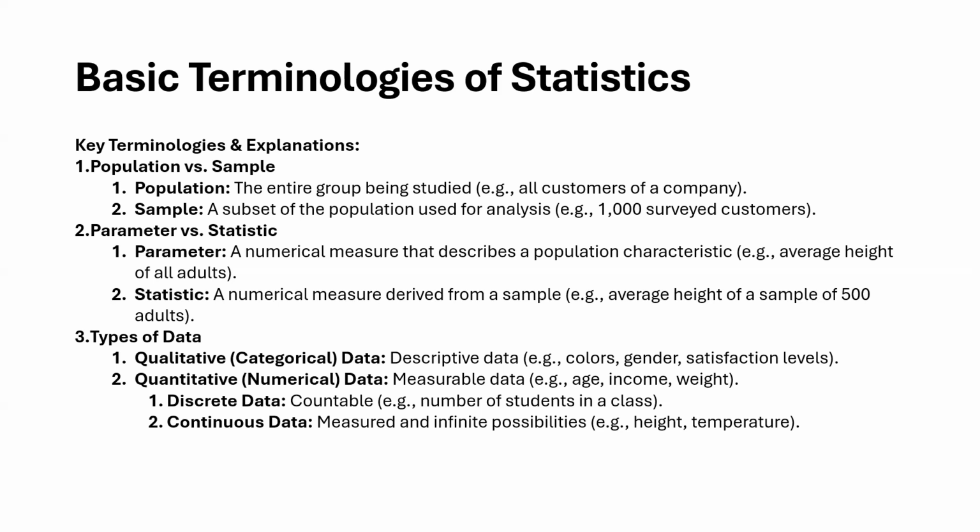Qualitative, in machine learning terminology, we call categorical data. In categorical data, we talk about the descriptive side of the data. Let's say gender, which is a binary form of data, you'll have male or female. We have other classes as well, transgender and so on, but generally we talk about male and female, correct?